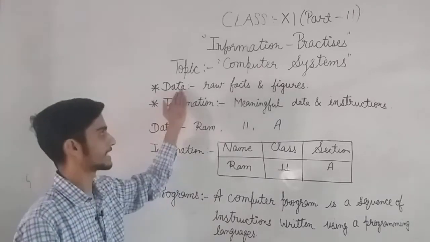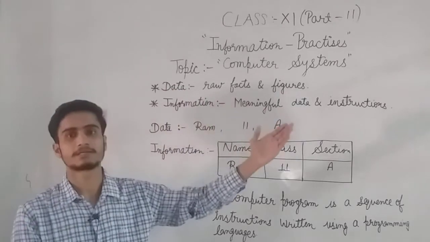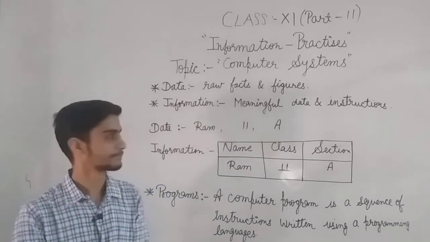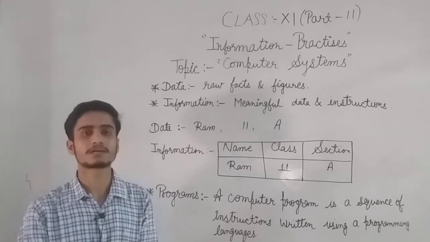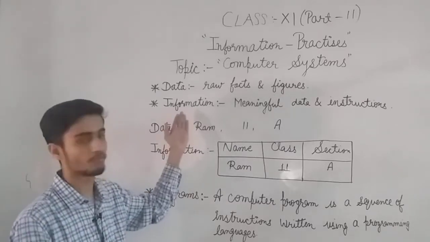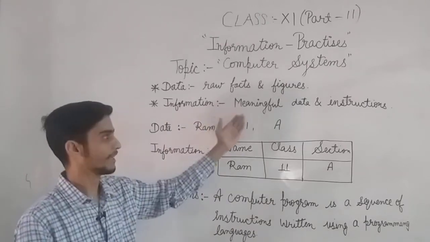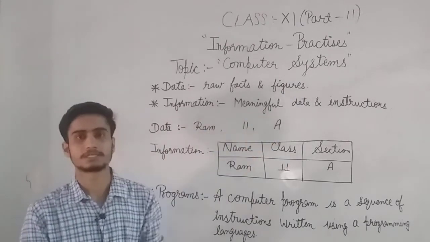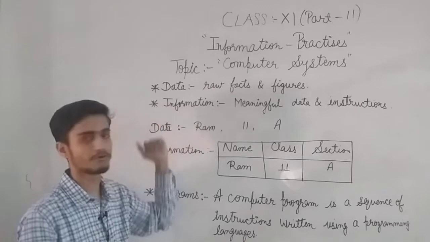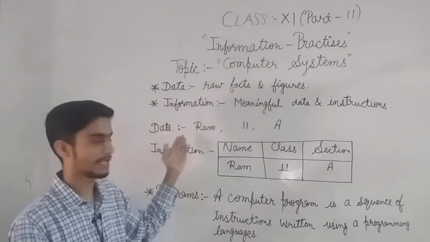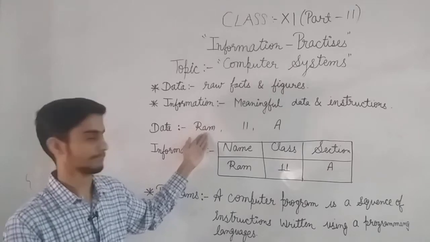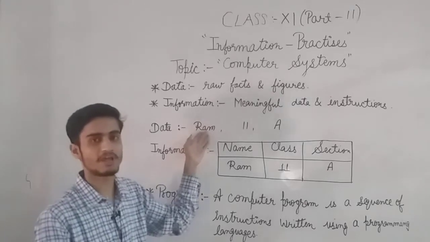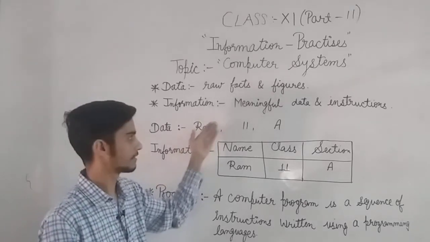Data: raw facts and figures are referred to as data, whatever the user inputs into the computer system. And now, what is information? Meaningful data and instructions are known as information. Here I have shown you some examples. Here, RAM: you can't identify what this RAM means.